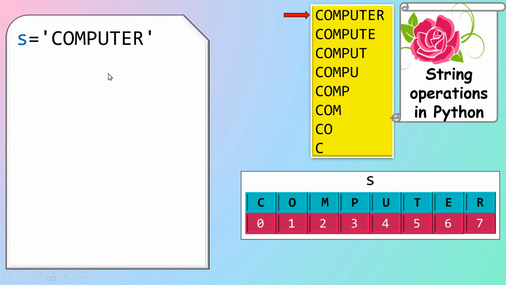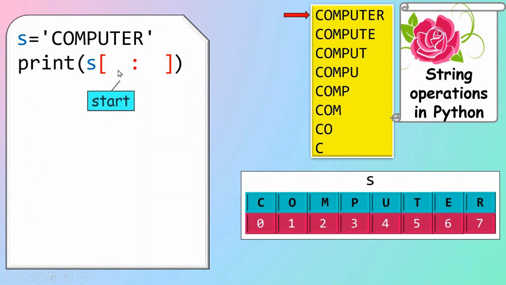For that, first I will write the print statement. Print, and then you have to give the name of the string object S, and within square brackets, that is a slicing operator, and the colon. Now we have to fill the start index value and the stop index value.